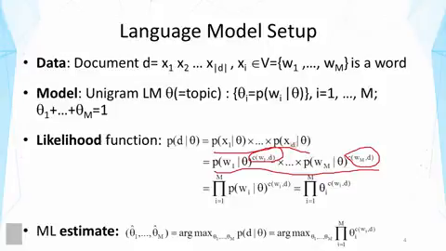So this is a very useful form of writing down the likelihood function that we will often use later. So I want you to pay attention to this, just get familiar with this notation. It's just to change the product over all the different words in the vocabulary. So in the end, of course, we'll use theta sub i to express this likelihood function, and it would look like this. Next, we're going to find the theta values or probabilities of these words that would maximize this likelihood function.